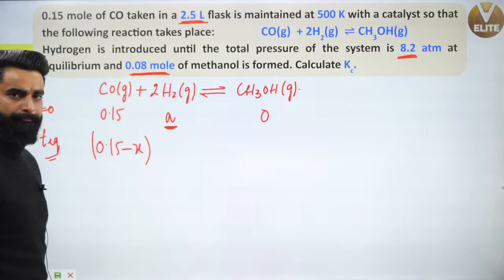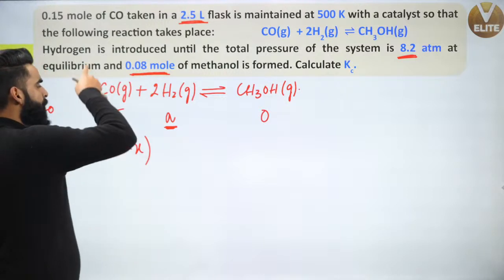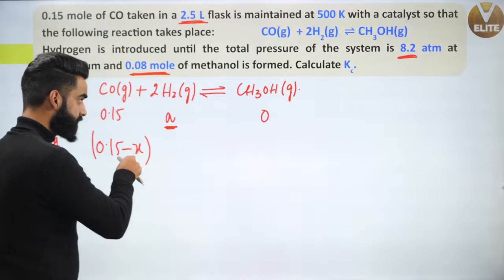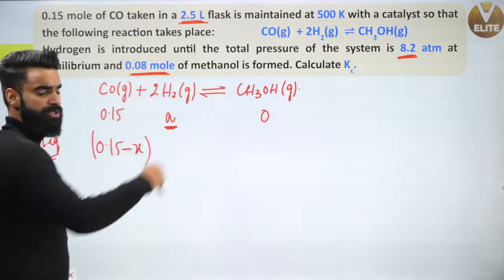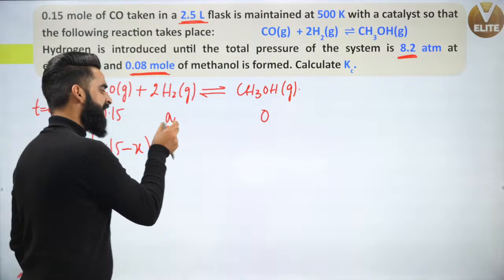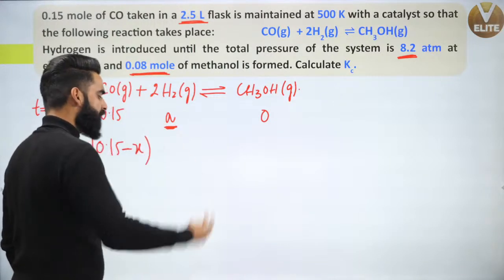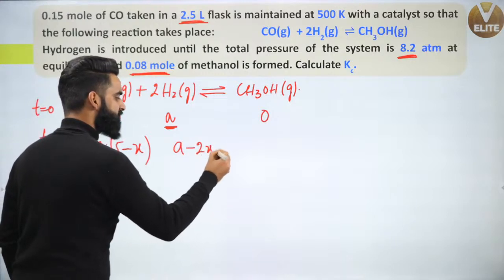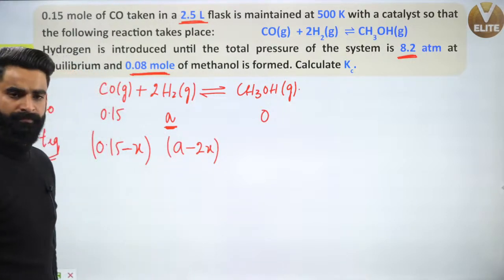One mole of carbon monoxide reacts with 2 moles of hydrogen, so X moles reacts with 2X moles of hydrogen. Out of A moles, 2X are reacting, so I'll be left with A minus 2X moles of hydrogen at equilibrium.